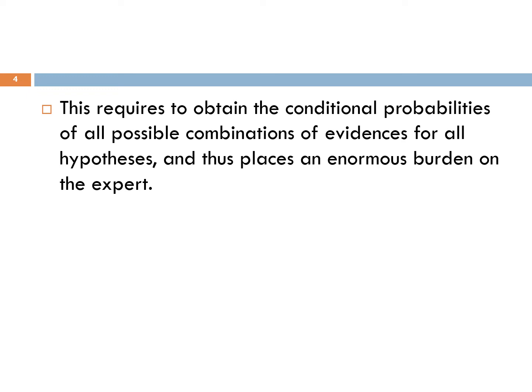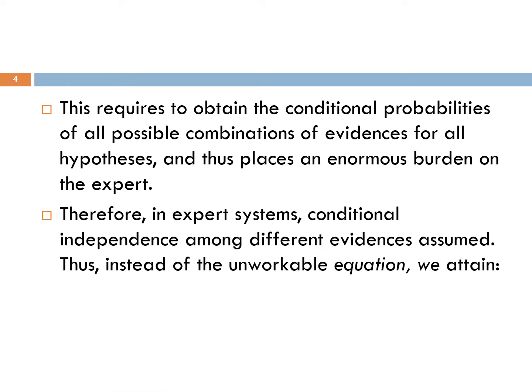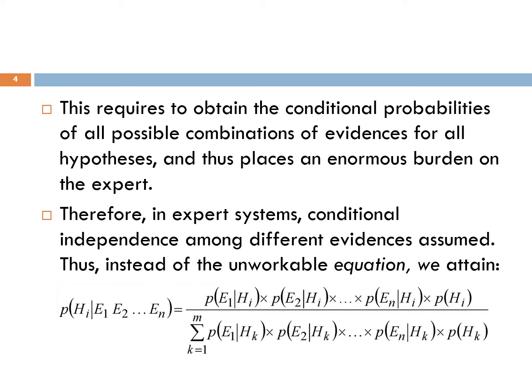It's quite difficult, but the lesson is that it gives you some idea of how you want to choose your reasoning inside the expert system. Therefore, in expert systems, conditional independence among different evidence is assumed. We make an assumption. Thus, instead of the unworkable equation, this is the one that we attain.